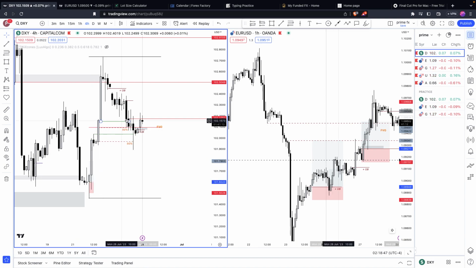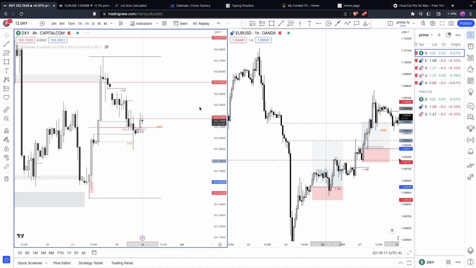So the week in and price didn't go to this PD array, this discount array, and then we had price rejecting from this at the 50% of the fair value gap. So I wasn't really sure price was going to be entirely bullish, and I wasn't really sure price was bearish either, because price could have done anything.